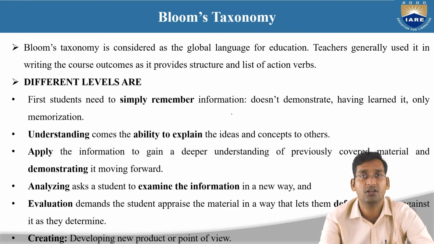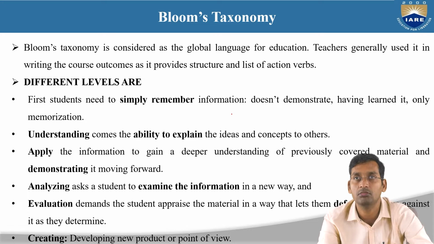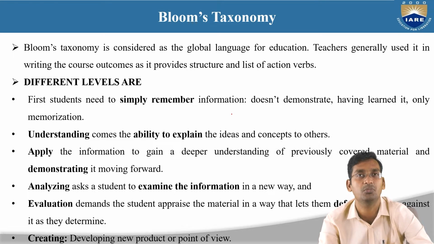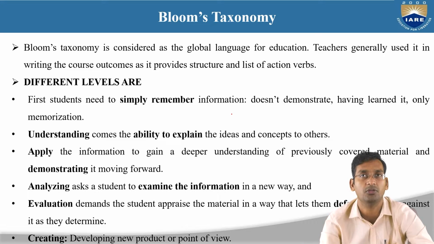The first one is simply remember. Whatever is there, you can remember. Information doesn't demonstrate having learned it, only memorization. Like spelling, apple, A-P-P-L-E. You learn the apple spelling. So that is simply remember.